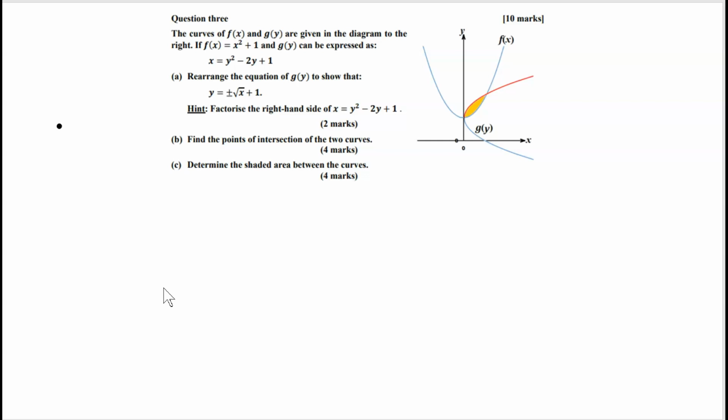You've got two curves and you're told which one is which, and you're asked to do various things, which ends up finding the area that's shaded.